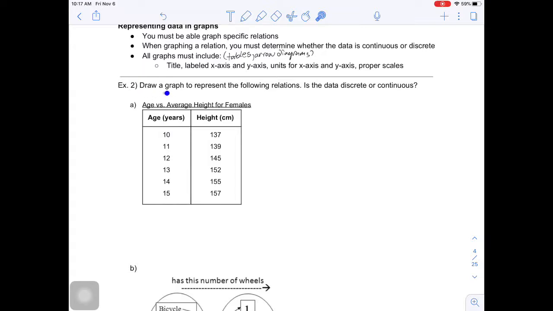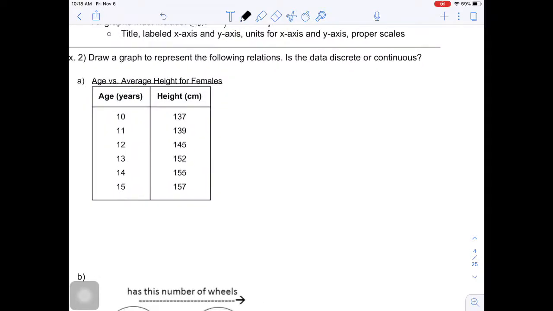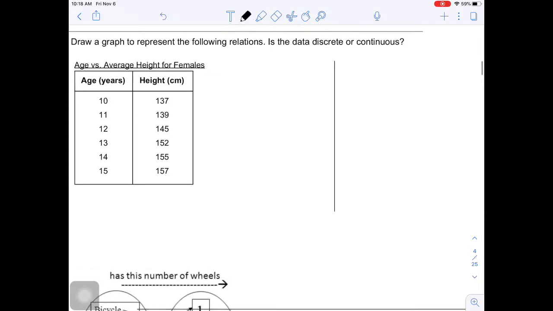So let's do this. Draw a graph to represent the following relations. Is the data discrete or continuous? Some things to recall from grade 9 or whatever other courses you've done. When you draw a graph, you need an X and a Y axis.